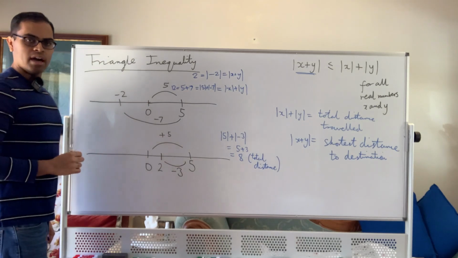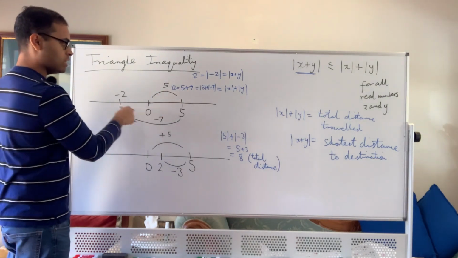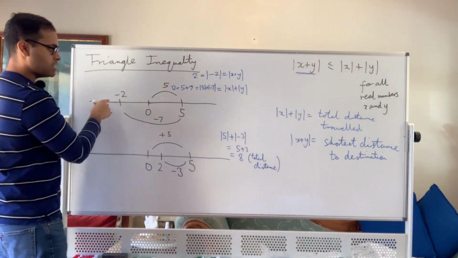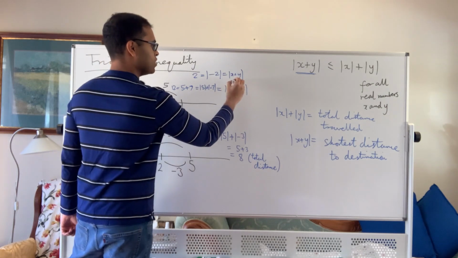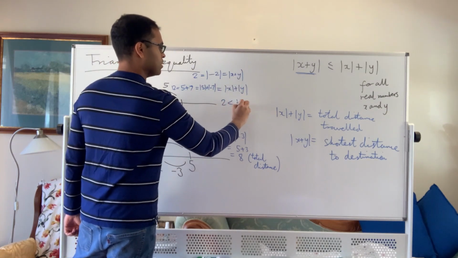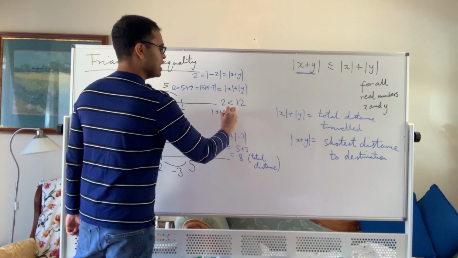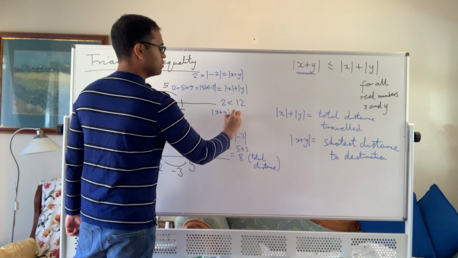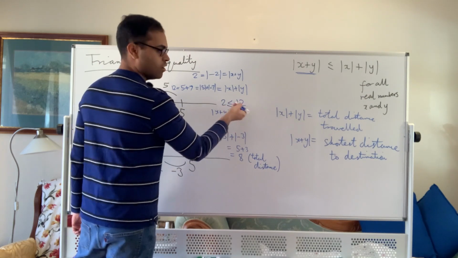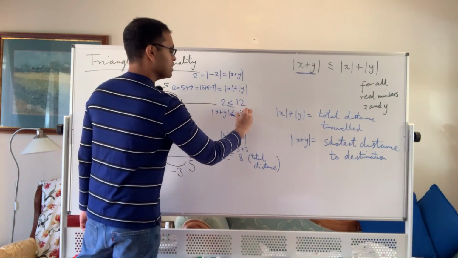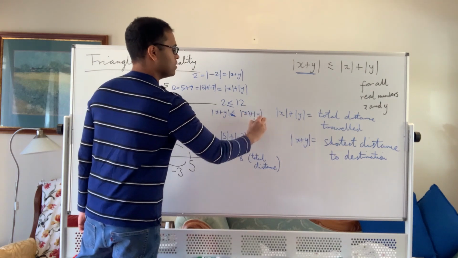Okay, so I've just drawn that all here, but 12 is the total distance you travel here, 2 is the direct distance, and of course 2 is going to be less than 12. So absolute value of x plus y is less than or equal to, in this case it's also true to say it's less than or equal to, the absolute value of x plus the absolute value of y.